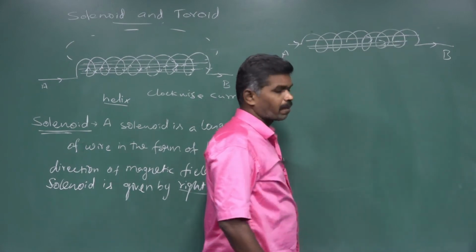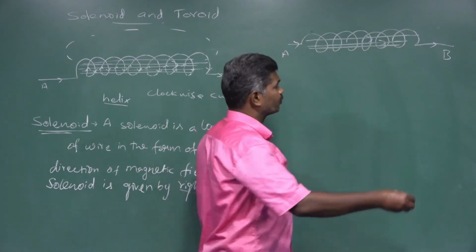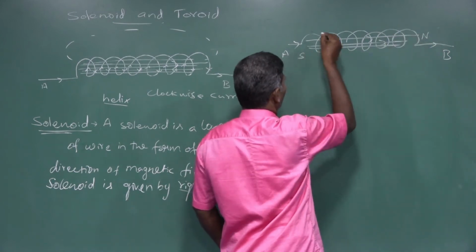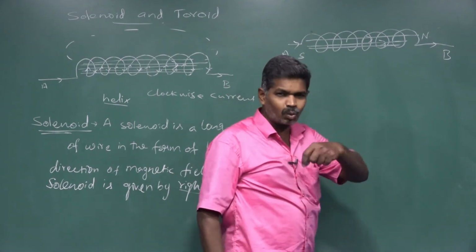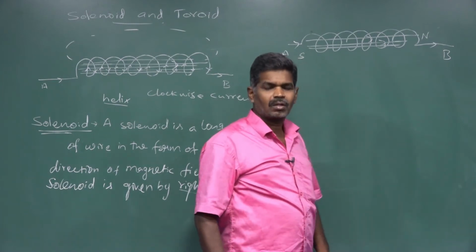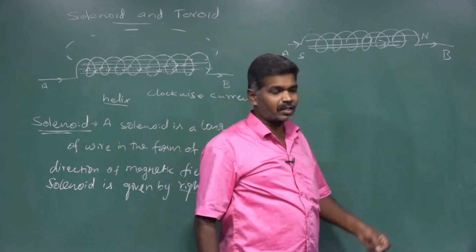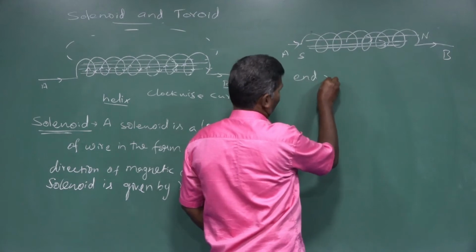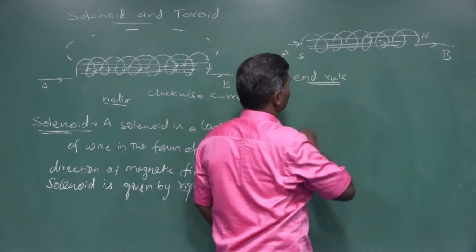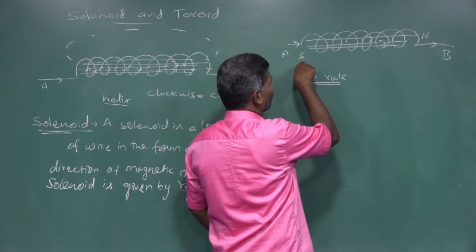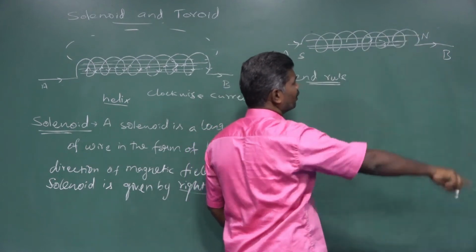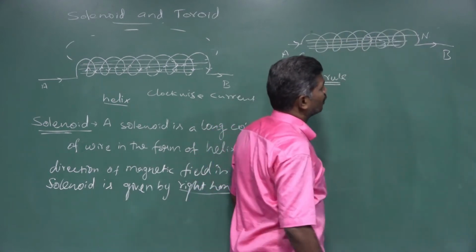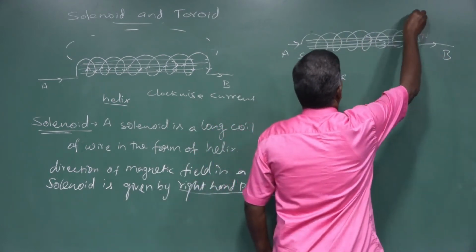According to the right hand thumb rule, end B can be taken as north and end A as south. Another rule to represent the polarity of the solenoid is the end rule. Based on the end rule, end A is the south pole and end B is the north pole. Internally the magnetic lines of force flow like that, and extend outwards like that.